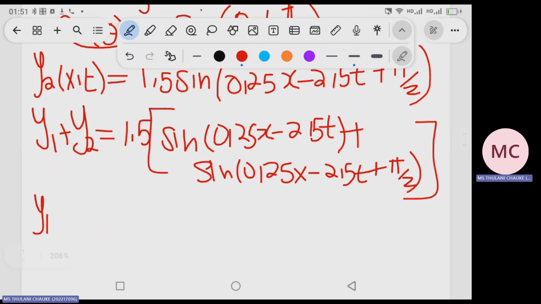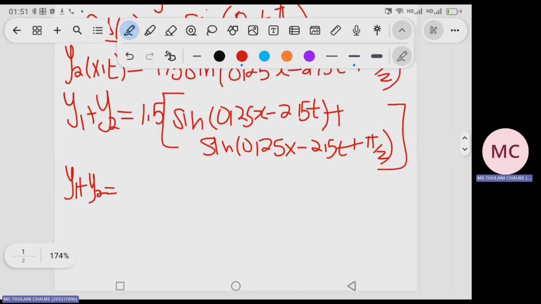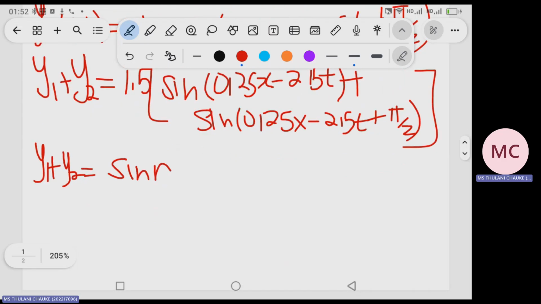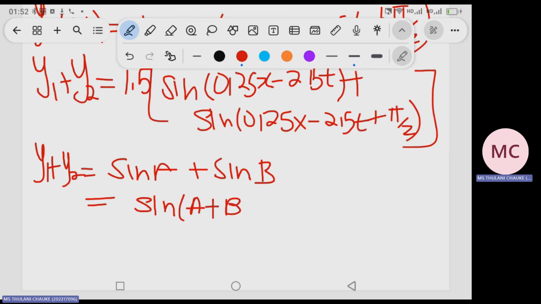So now y1 plus y2 will be equal to, you know that if you are having sine of A plus sine of another angle, the identity that we'll use is this one. It will be 2 sine of (A plus B) all over 2, times the cosine of (A minus B) all over 2.